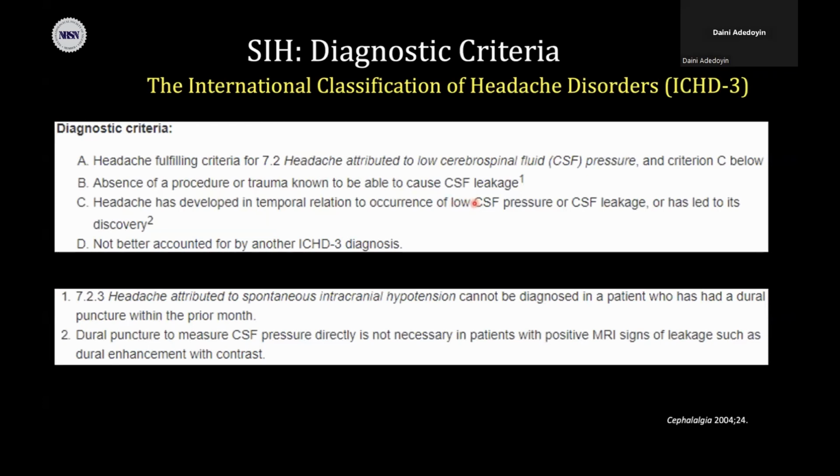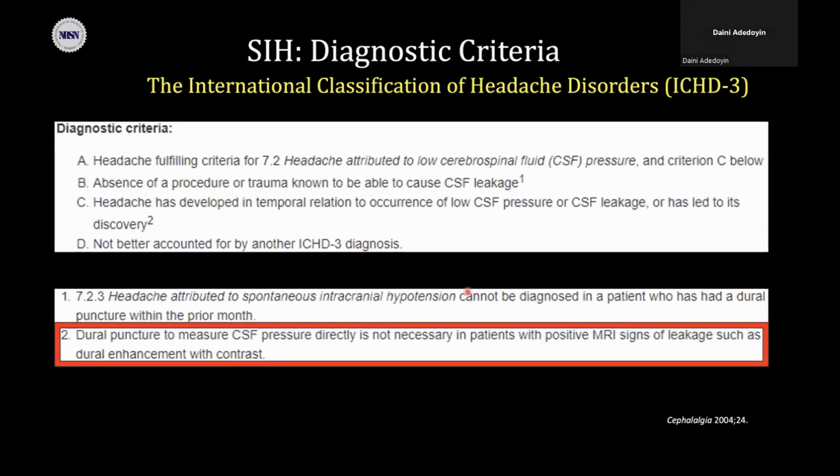An important note is that it cannot be diagnosed if the person has undergone a dural puncture within a month. So if he had a procedure done within the month, then the person cannot be said to have spontaneous intracranial hypotension. It means he has a secondary cause.